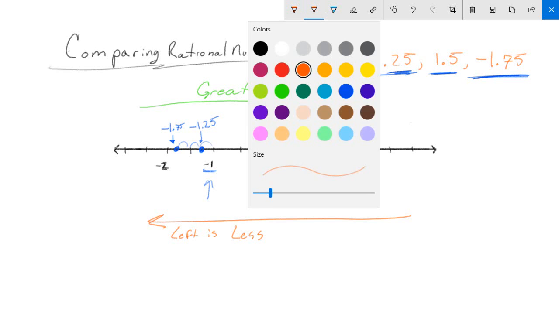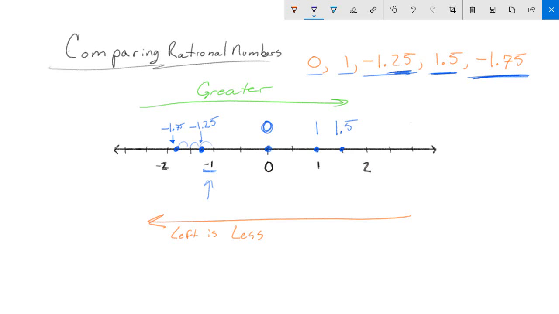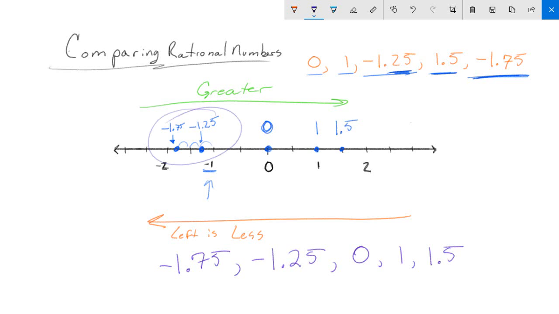So just to wrap this up, if I'm going to arrange these from least to greatest, I'm going to say, okay, -1 and 75 hundredths is the least, then -1 and 25 hundredths, then 0, then 1, and 1 and 5/10, so 1.5. I do want to point out that usually down here, when you get to a part like this, that is where most students will make a mistake.